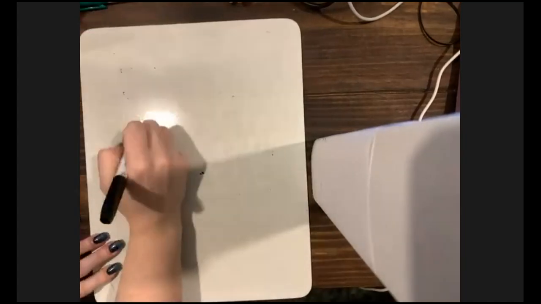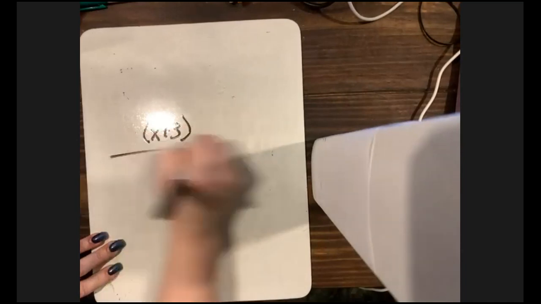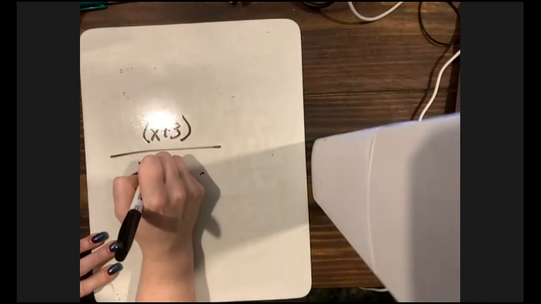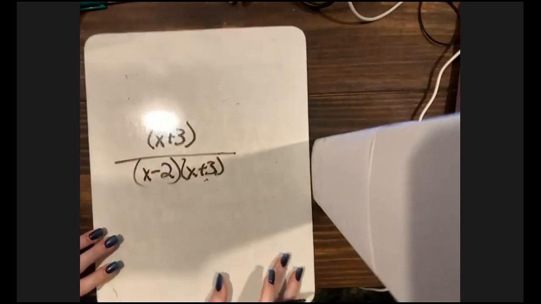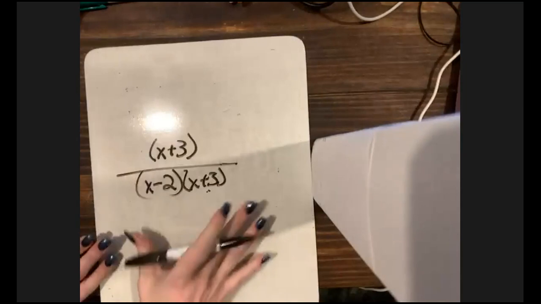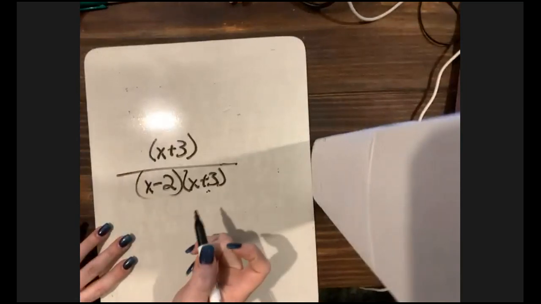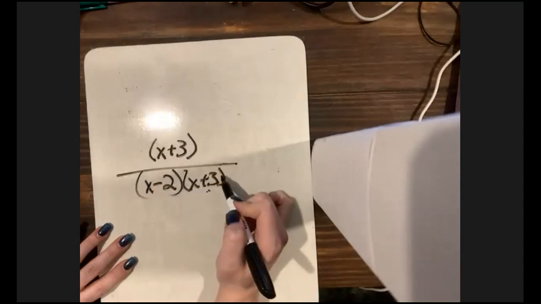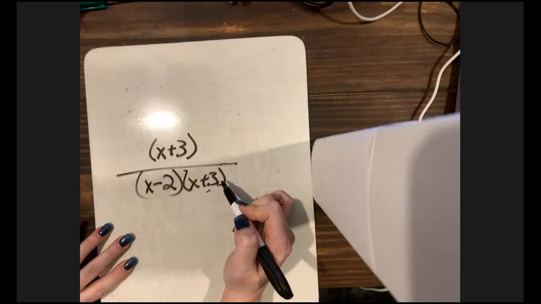Let's say that you had something that wound up looking like this. Now we can clean this up by crossing off that x plus 3 factor top and bottom, and that's going to clean it up.